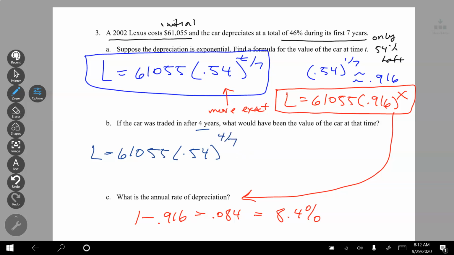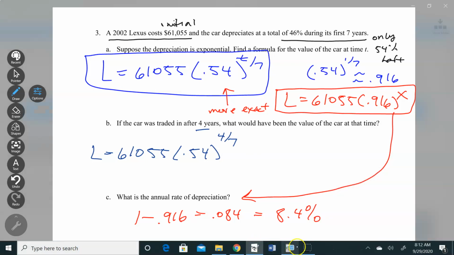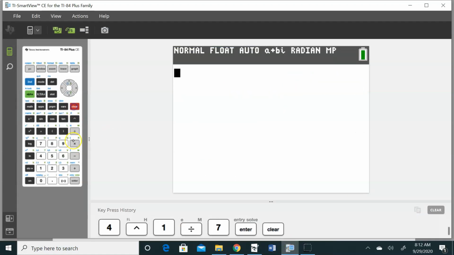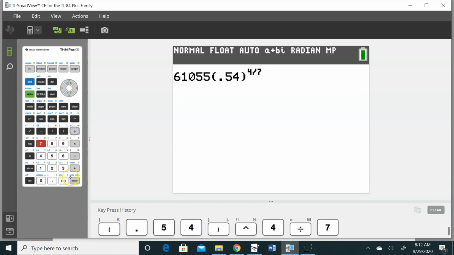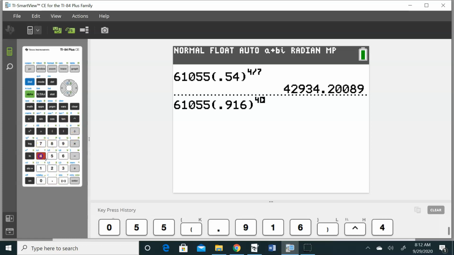And I get, which I don't know, I'm going to use my calculator. 61055 times 0.54 raised to the 4 divided by 7. I get this number. And if I use the other one, 61055 times 0.916, which is a rounded off number, but now raised to the 4th, I'm going to get about the same.